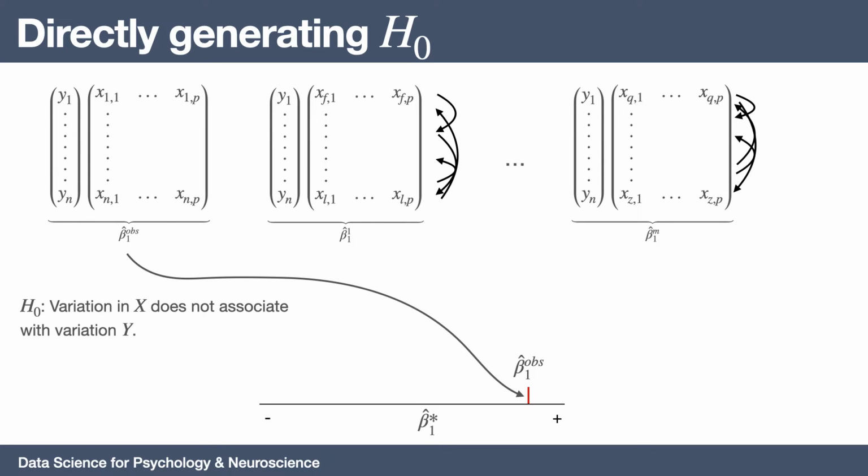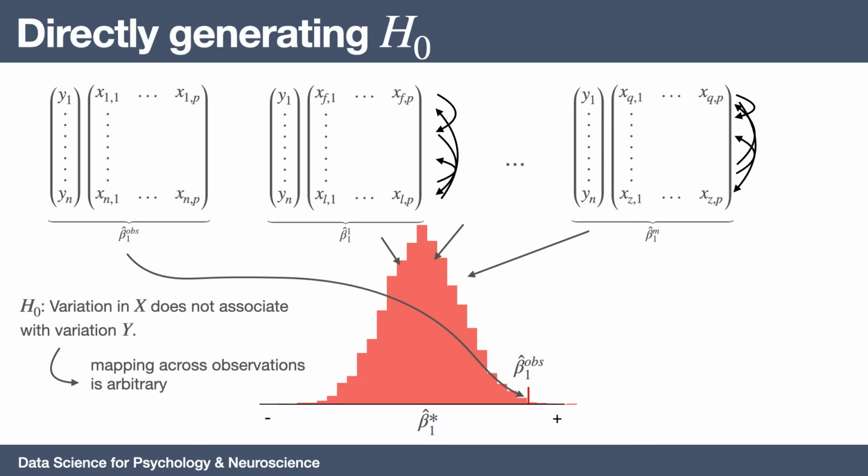So I'll run m many iterations where on each iteration I just randomly scramble the observations in x, leaving y constant. And then I can generate an actual distribution of data showing the range of regression coefficients I would see if indeed the relationship between x and y were random. I now have a physical null distribution with which to evaluate my hypothesis.